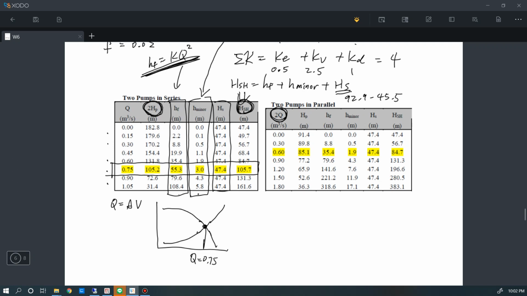And for the two pumps in parallel, as I said, instead of doubling this HP, we double the flow rate. And you just follow a similar procedure.